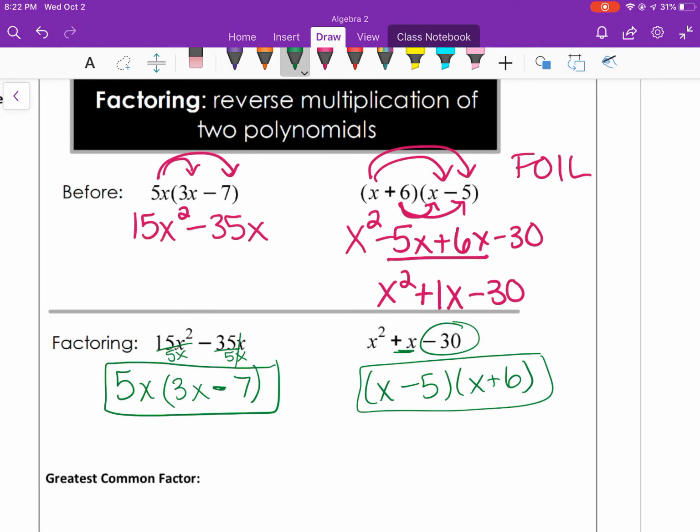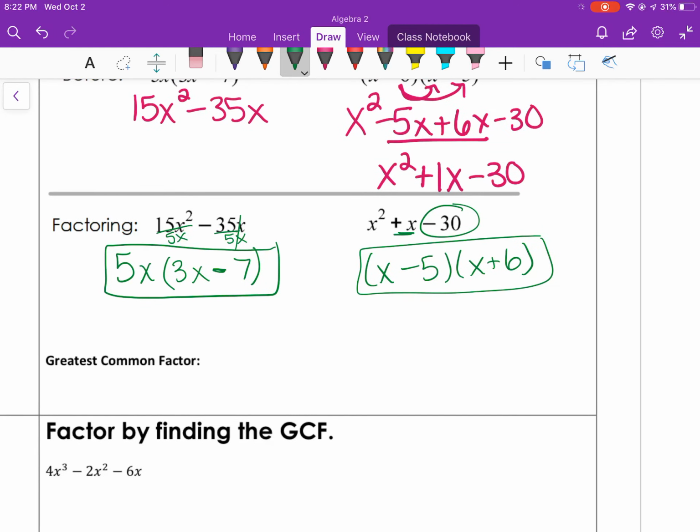So the greatest common factor is the largest factor that all terms have in common.